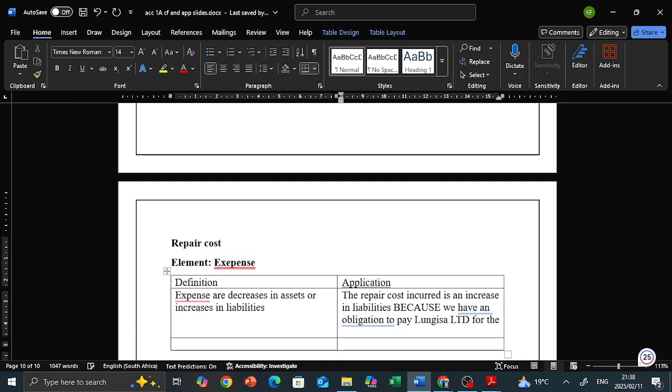the repairs done, because they provided the service on credit.